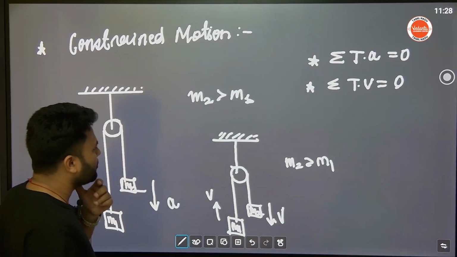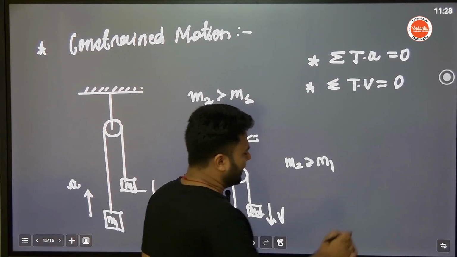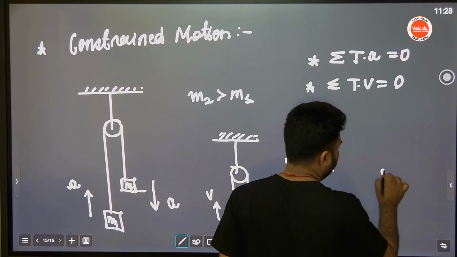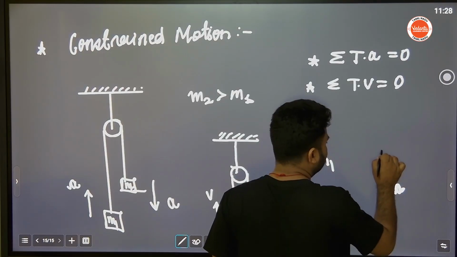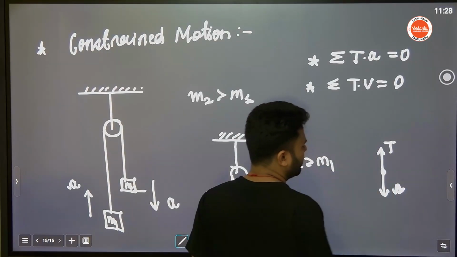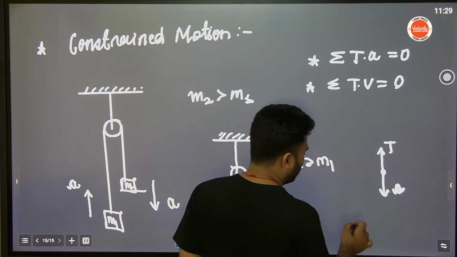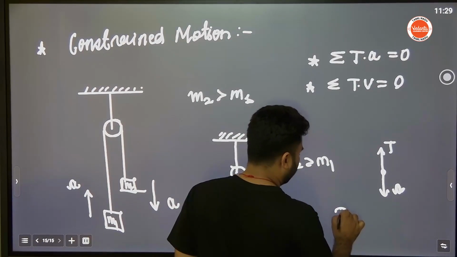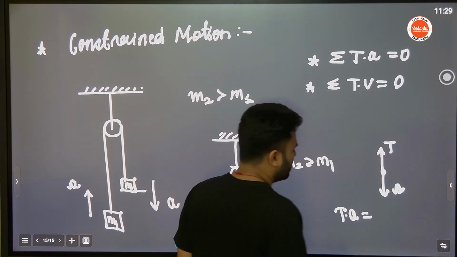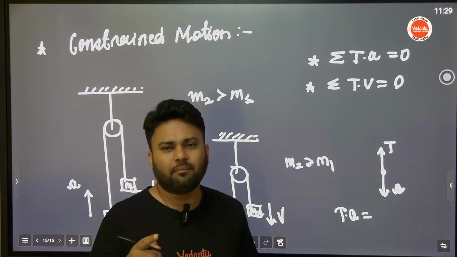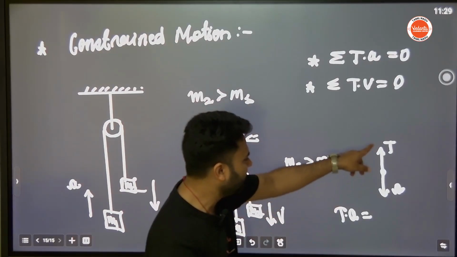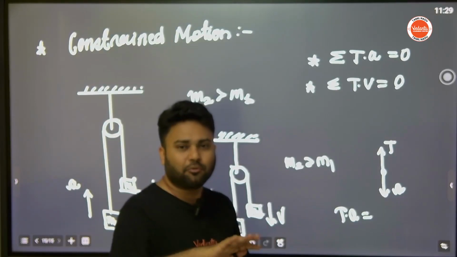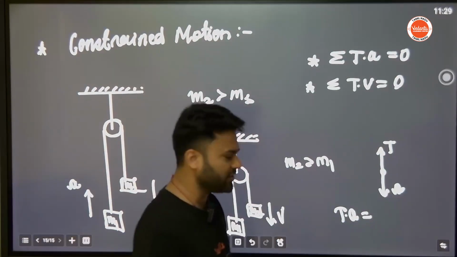Suppose there is an acceleration question. You tell me one thing. If the object is accelerating down and tension is up, what will you write for T dot a? T dot a will be tension multiplied by acceleration multiplied by cos of the angle between them. Tension is up, acceleration is down, the angle is 180 degrees, tension and acceleration in opposite directions.